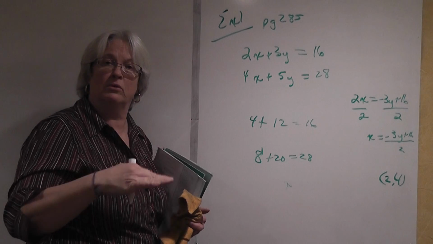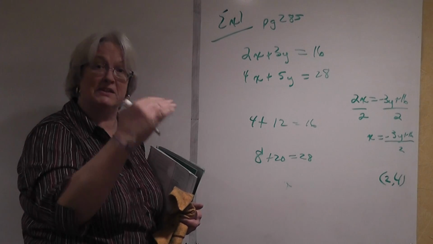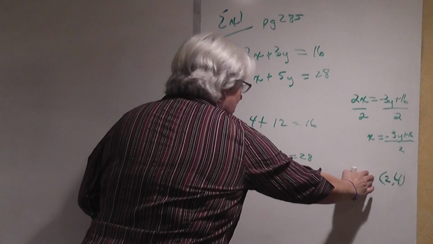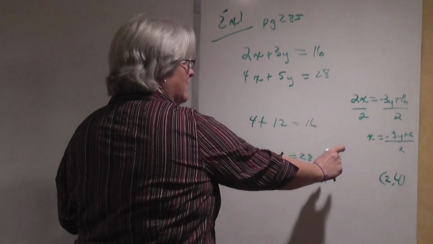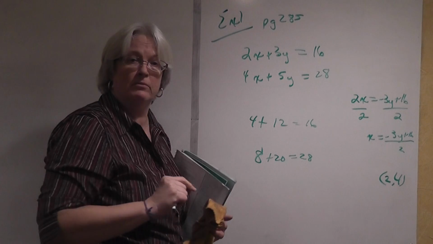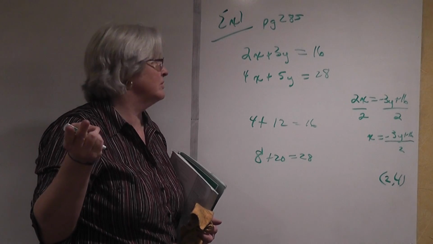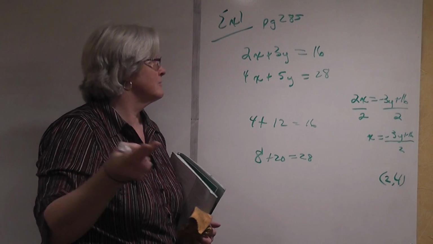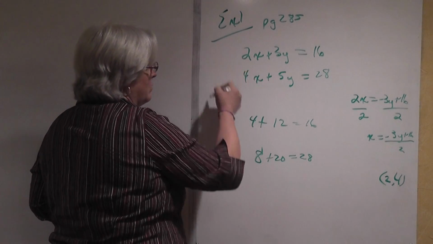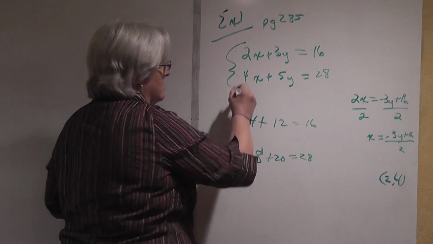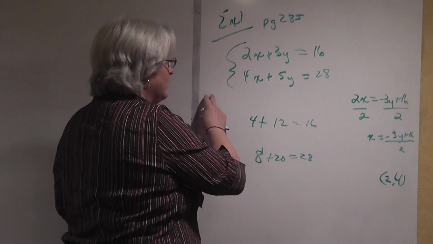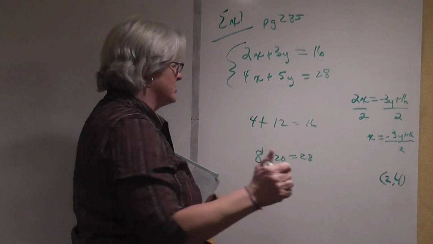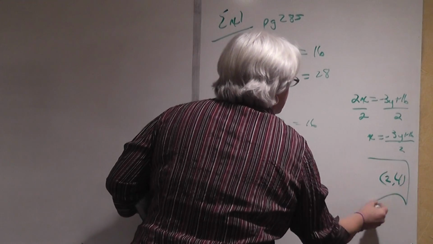You don't have to go through a formal step-by-step check here, but you're wise to look at your answer and make sure that, number one, it makes sense, number two, that it works out. So what sort of a system of equations do we have here? It has a solution, which means that it is consistent.